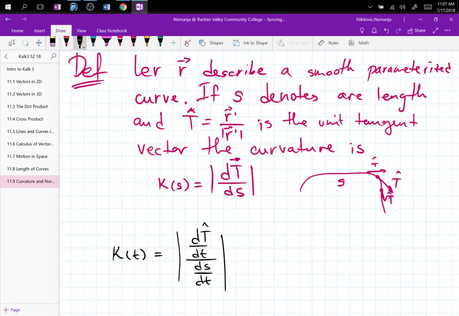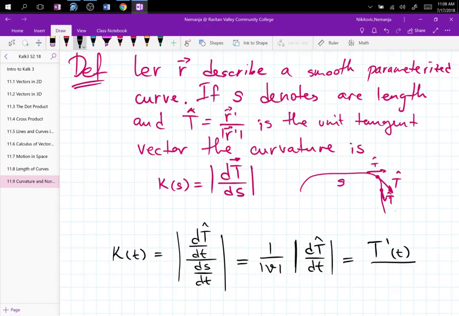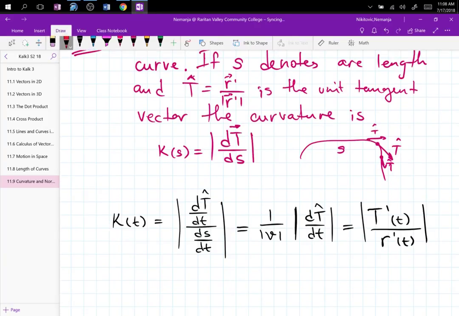And when I do that, I get 1 divided by velocity v times dT/dt, which gives us T prime divided by r prime. So this is actually the proof, the transformation from the arc length into the parametrization by the parameter t.